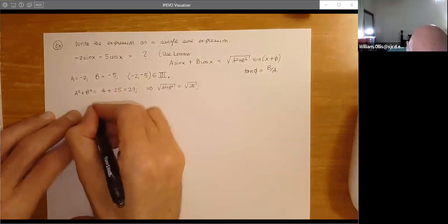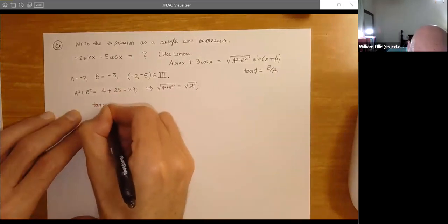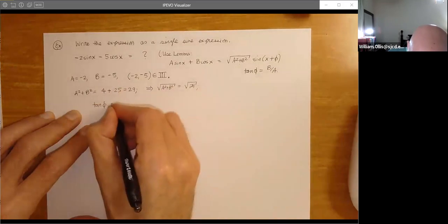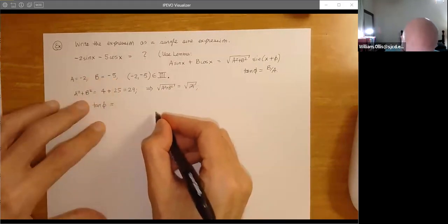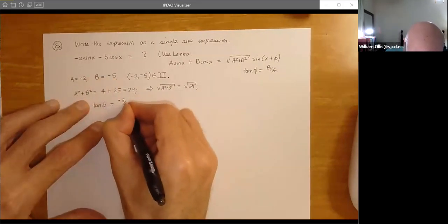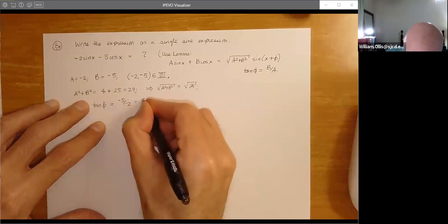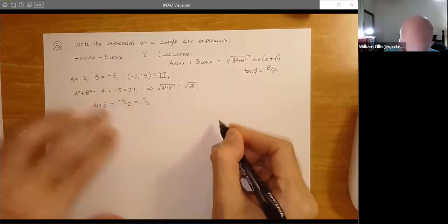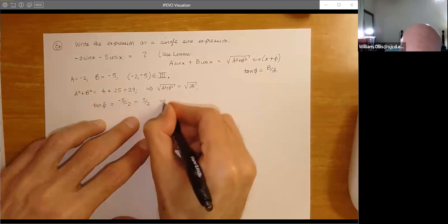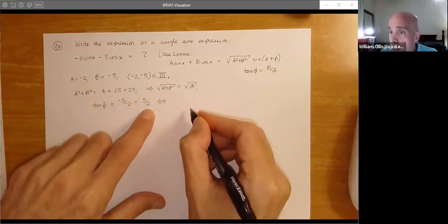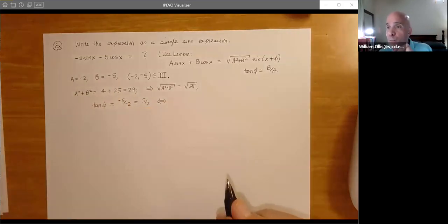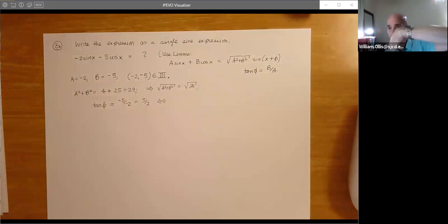And then of course, we're going to say tangent of phi, and of course this is not on the unit circle, is b over a. So this is -5 divided by -2, which is 5/2. Okay, so equivalently, this is a positive number, so we know that this particular solution will be in the first quadrant, because we know that the inverse tangent runs from -pi/2 to pi/2.